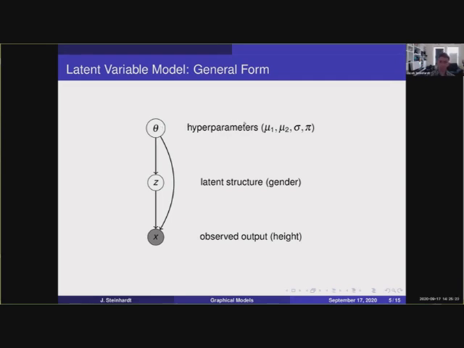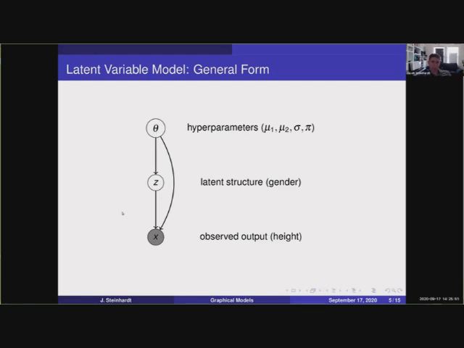And in this case, you could think of each of these three nodes as potentially representing multiple nodes. So the hyperparameters in our previous case would have been this mu1, mu2, sigma, and pi. The latent structure would be the gender of each person, so there would be Z1 through Zn, and then there's some observed output.